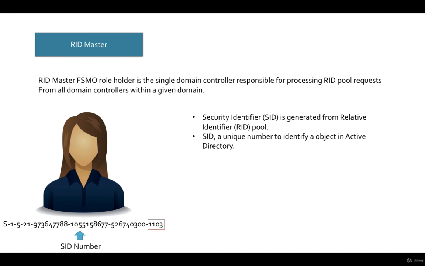Security identifier is a unique number to identify an object in Active Directory. A SID cannot be duplicated under the same name user. Once a user is deleted from an object, the SID will be lost and all other account information also. If you are willing to create the same user account name once again, then a SID will be generated, but now the SID number will be different from the previous one.